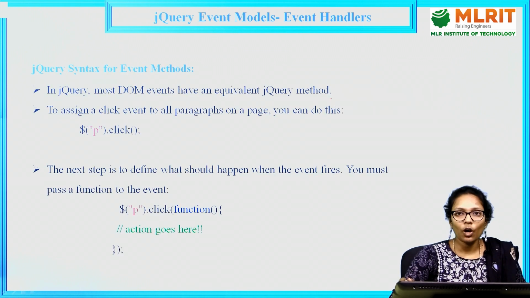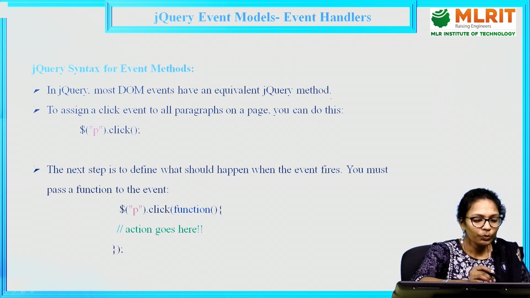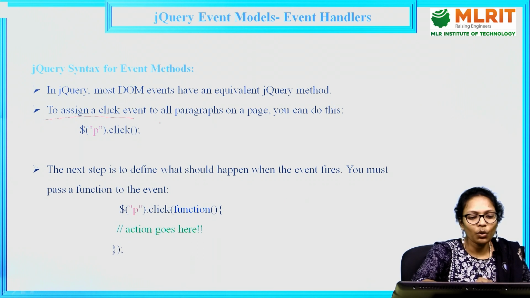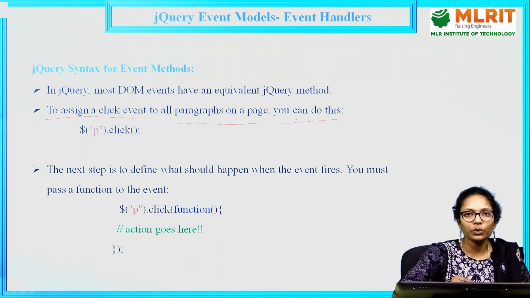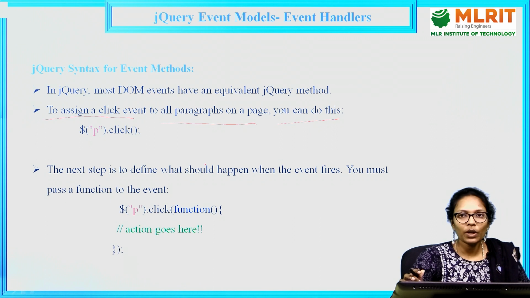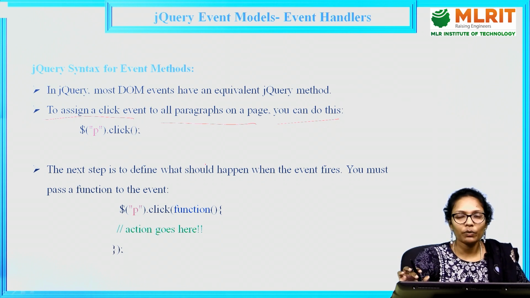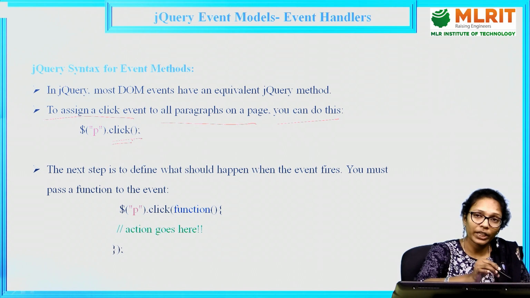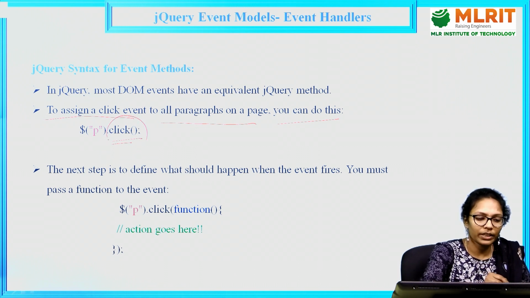So what is the common jQuery syntax for all these events? For example, to assign a click event to all the paragraphs on a page, we can do this. I want to apply this logic to all the paragraph elements. Here click is our event. Whenever you click your mouse, this event will be generated. I'm clicking on any paragraph.